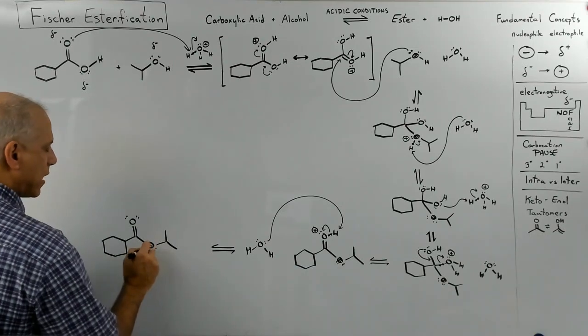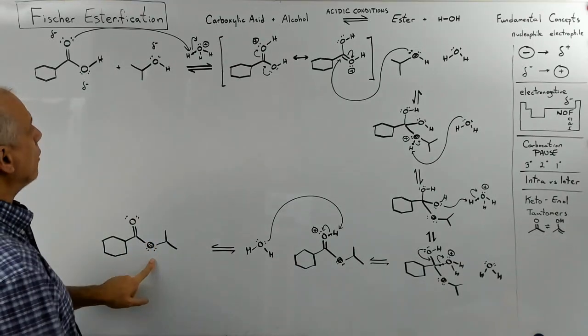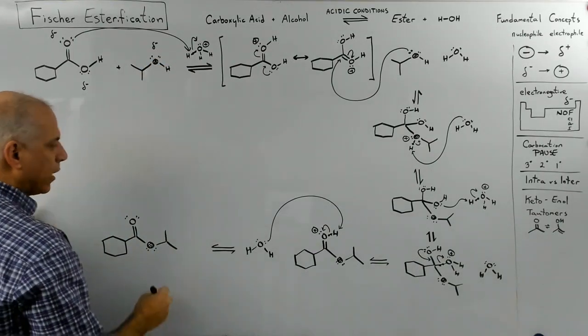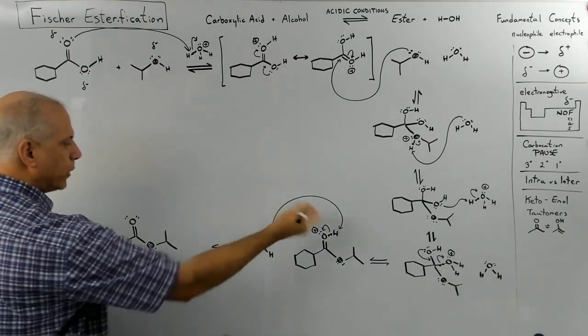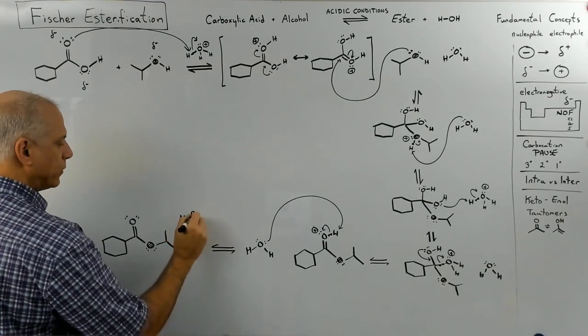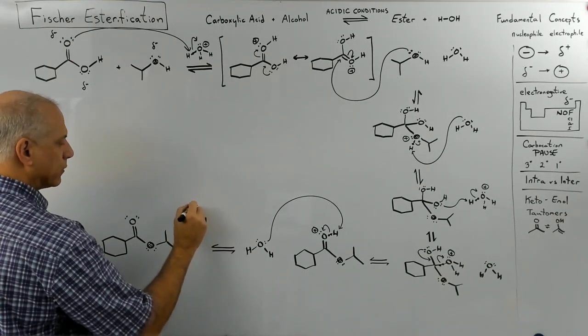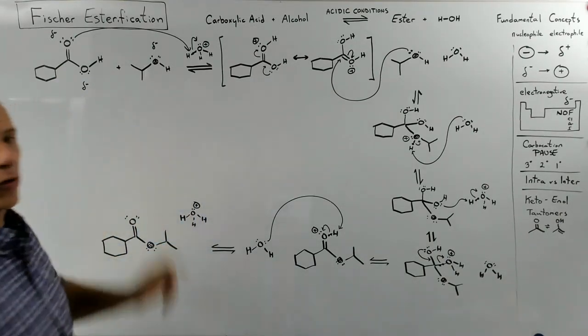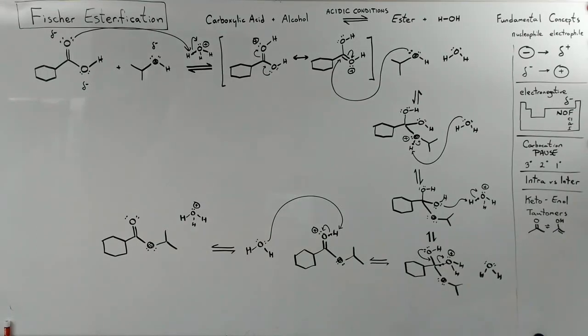I'm tagging that oxygen. That was the one that was originally on the alcohol right up over here. I should have tagged that from the beginning. And then we're back to H3O plus. So this is actually catalytic, because now that H3O plus can go ahead and protonate the next carboxylic acid and go from there.